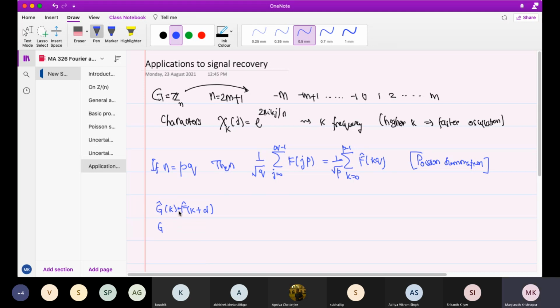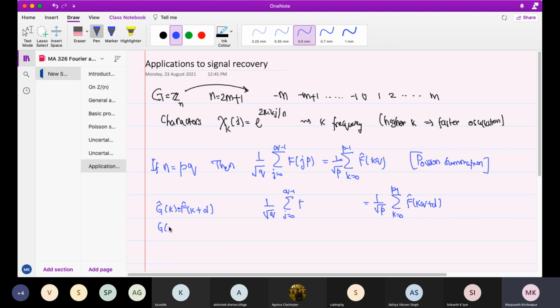I want to write here 1 by square root p minus 1, kq plus d, equal to what? That's the question. If I want g hat of k to be f hat of k plus d, what does that mean? What will be the function g?